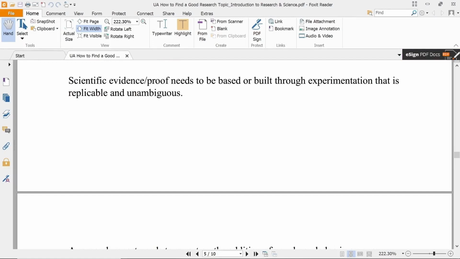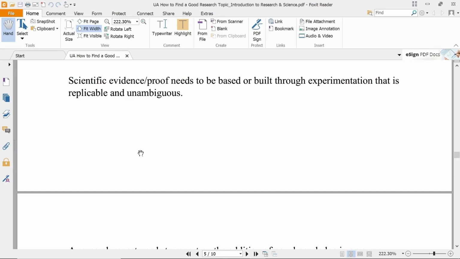Scientific evidence, proof needs to be built through experimentation that is replicable and unambiguous. So whatever evidence in science, it has to be built through experimentation. And it has to be replicable in different contexts.